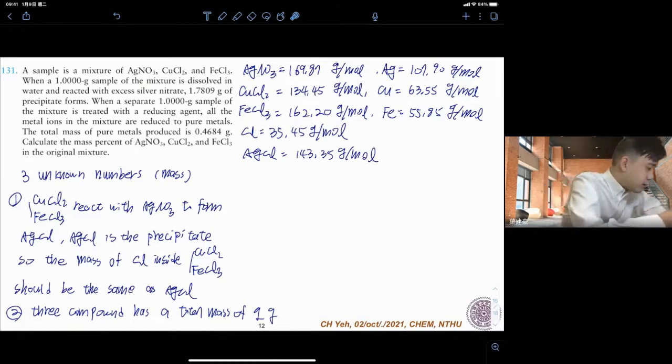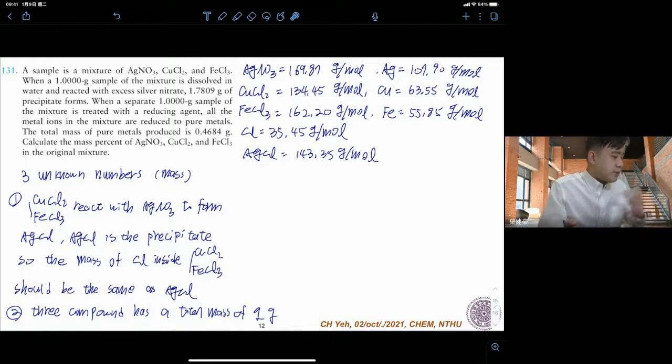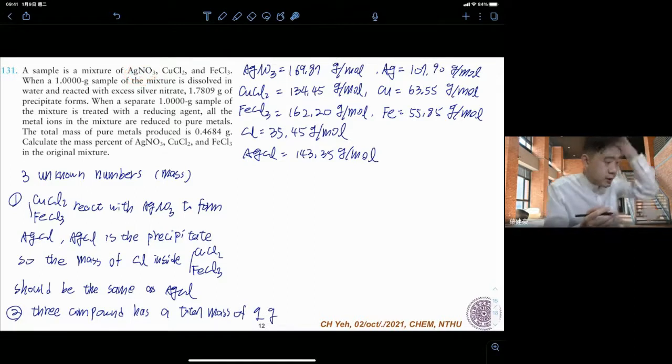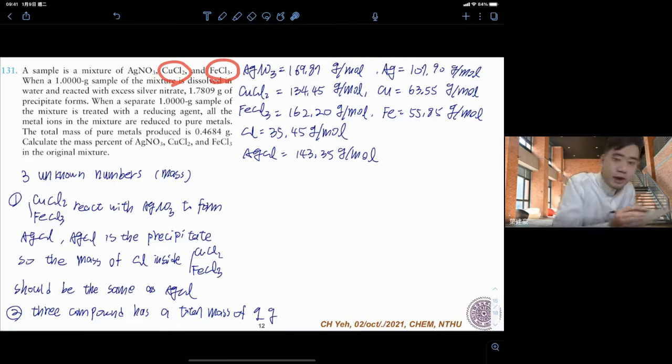It's dissolved in the water and reacts with excess silver nitrate, which is this. When you add silver nitrate into the mixture, this one will not have any reaction because they are the same. But when these two meet silver nitrate, what will happen?